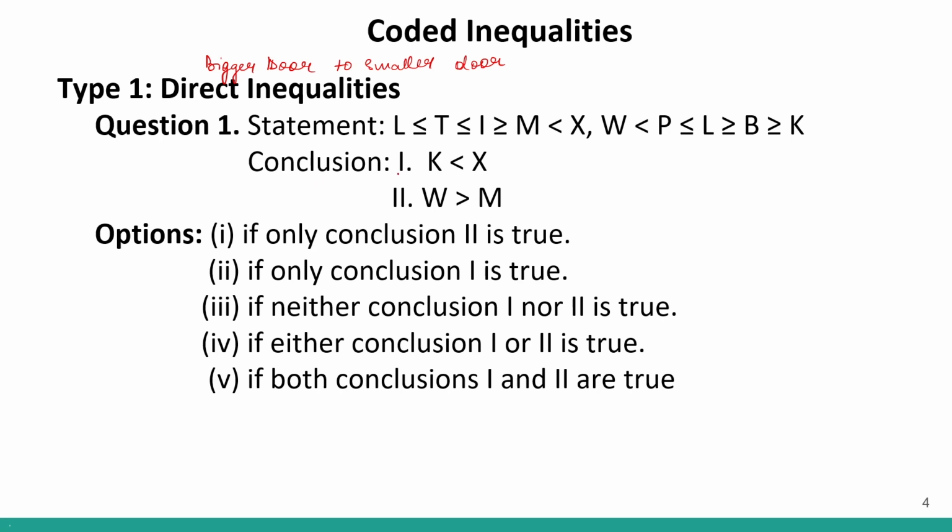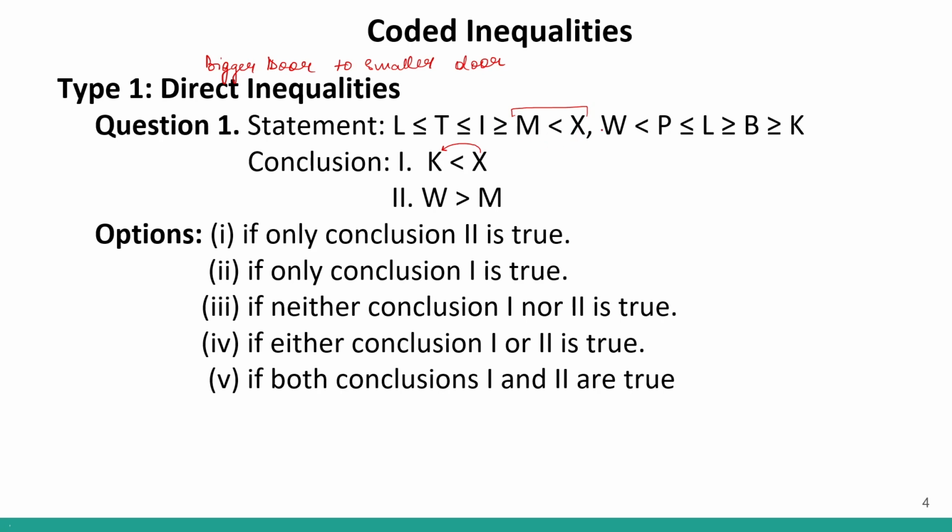So let us look at conclusion 1. Conclusion 1 says that X is greater than K. That will mean we will move from the bigger door to the smaller door. We will move from X to K, correct? If I look over here, if I have to move from X to K, I can move up to M. Then there's a smaller door.